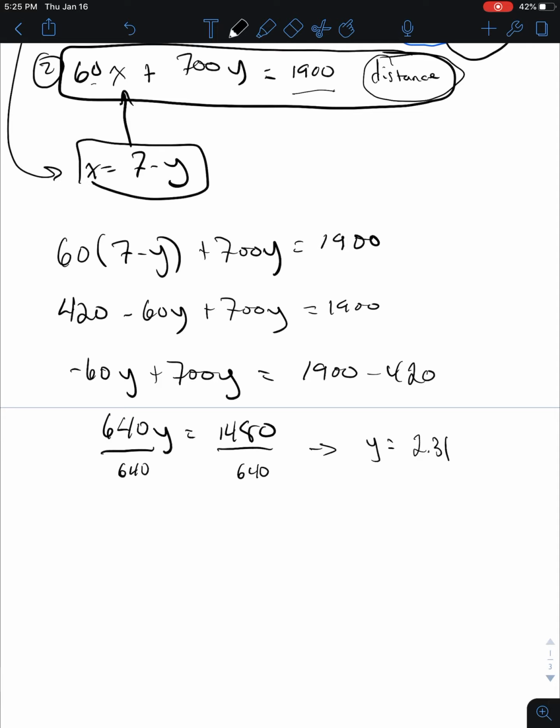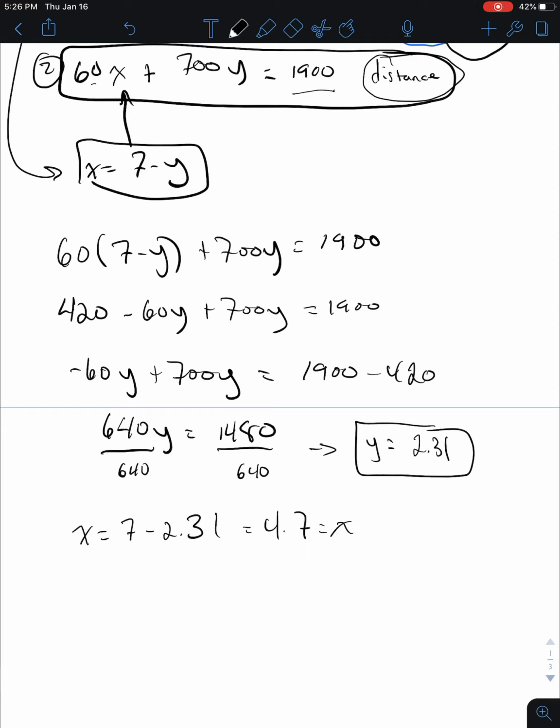Okay, and then we just do x is equal to 7 minus 2.3, which is 4.7. I got x equals 4.7.